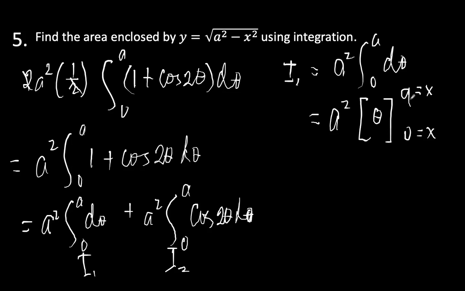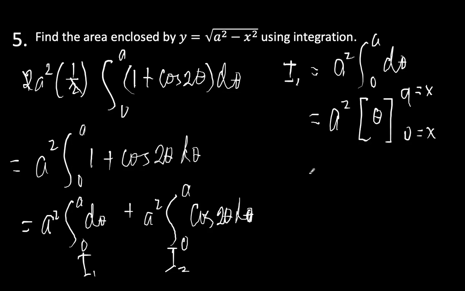So you better put x here to remind yourself that we need to convert theta first to x for you to substitute the upper and lower limits a and 0 respectively.